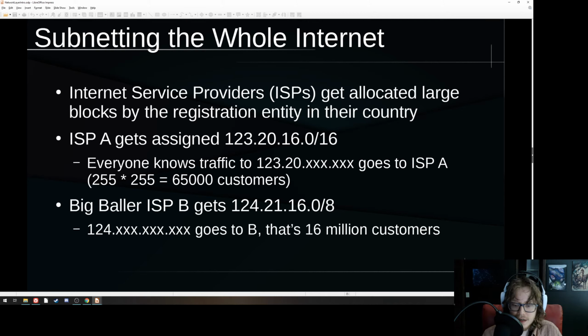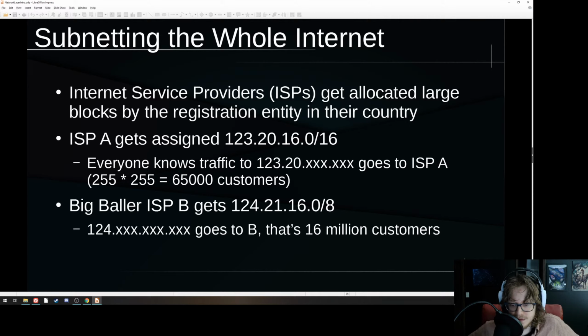Now, a big baller ISP might get a /8 block. Let's say they get 124.21.16.0/8. /8 is very big. That means that only the first 8 bits are the same. The other 24 vary. That means you can service up to 16 million addresses, 16 million customers.